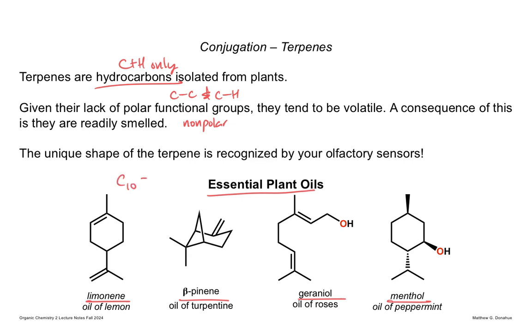So it's a C10, and then we would classify that as a monoterpene. And remember that they're all coming from those 5-carbon isoprenes. Can you sort of see how that maps on there? There's 2 of those on there.